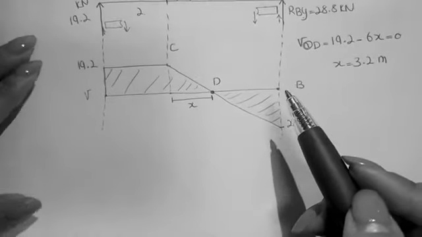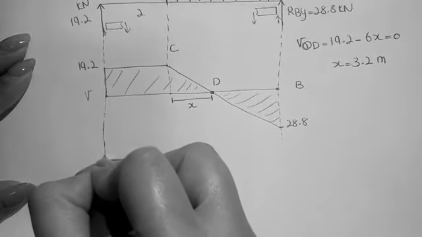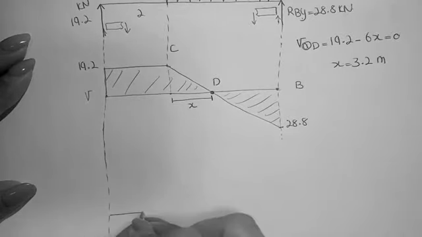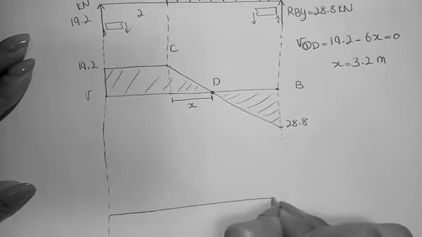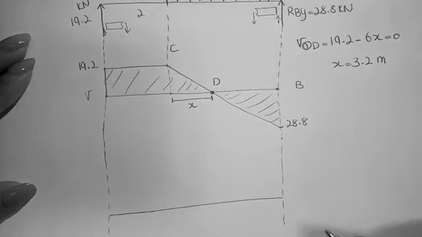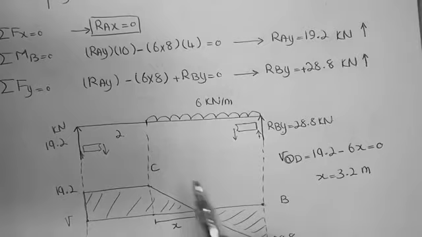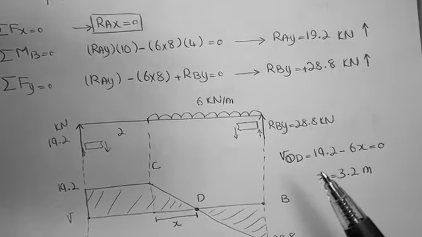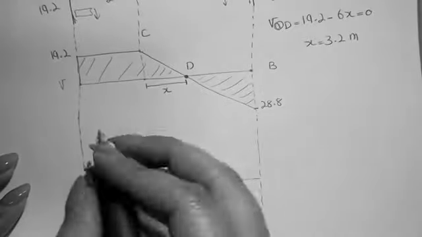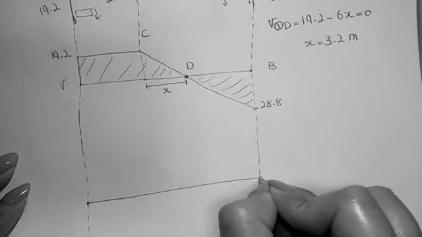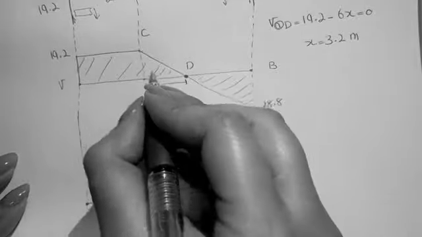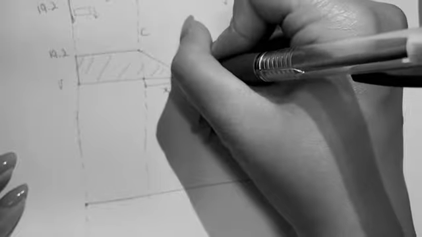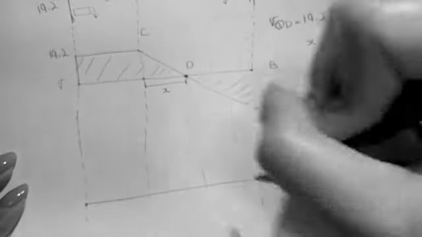So we're going to plot the bending moment diagram. It is obvious that at the two ends of the beam, bending moment is equal to 0. So we have 0 here and here. And at point C, we have a critical point. At point D, we also have another critical point.